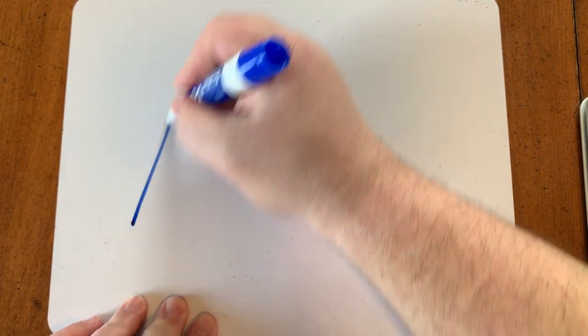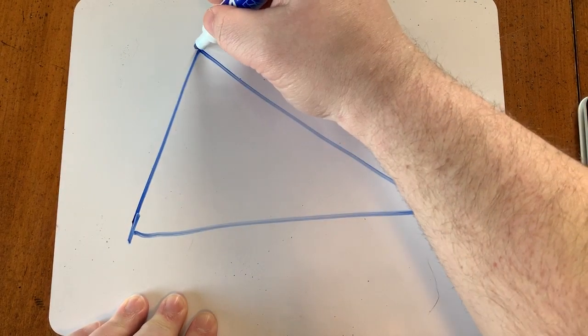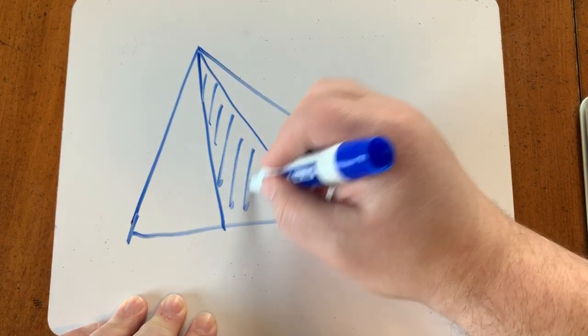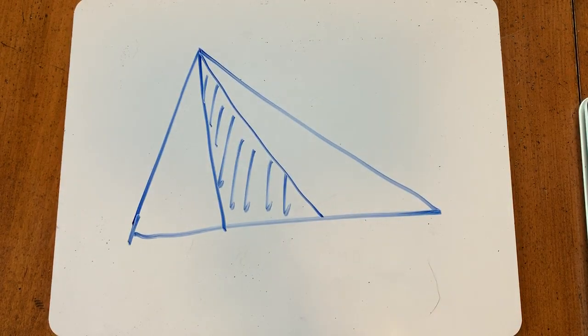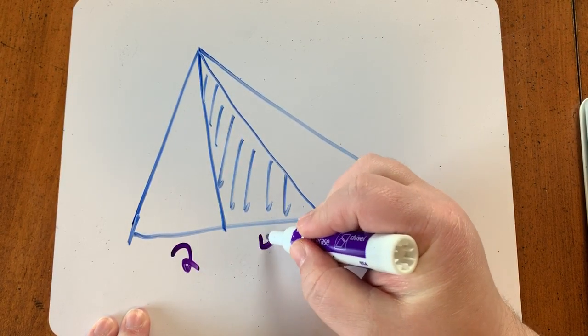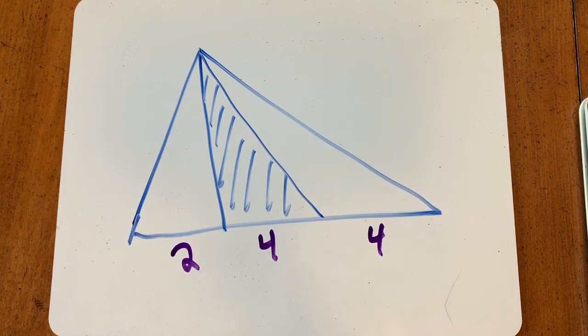So if we had a triangle, and in that triangle we had that shaded region, and we were told that this was 2, 4, and 4, we could find the probability of a point in the triangle being in the shaded region.